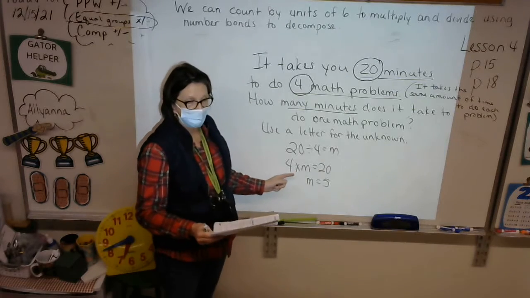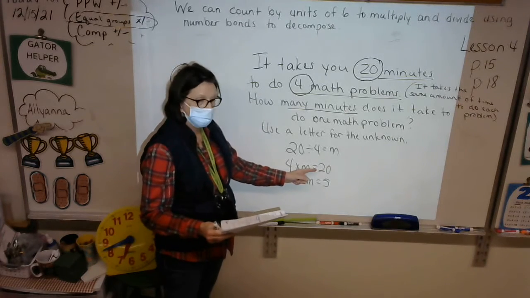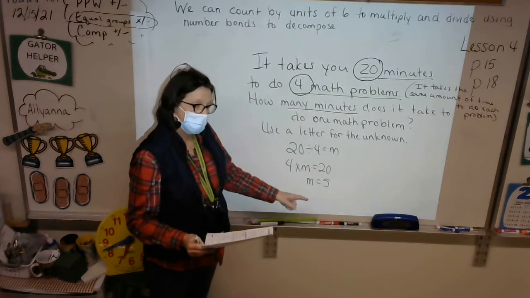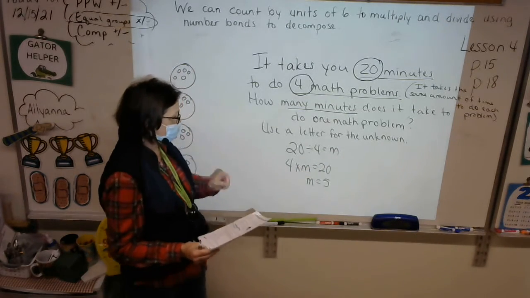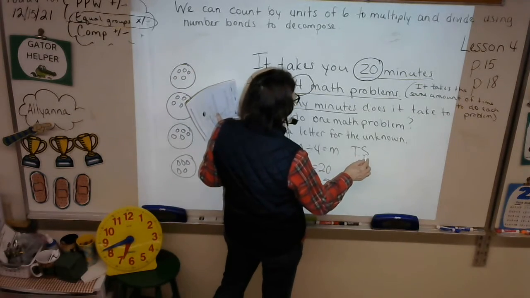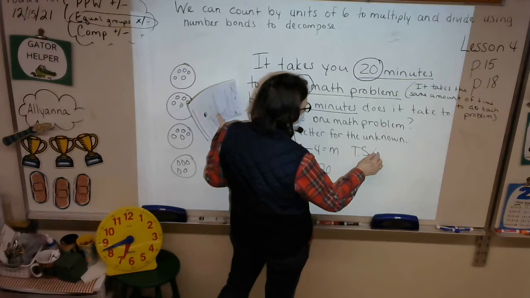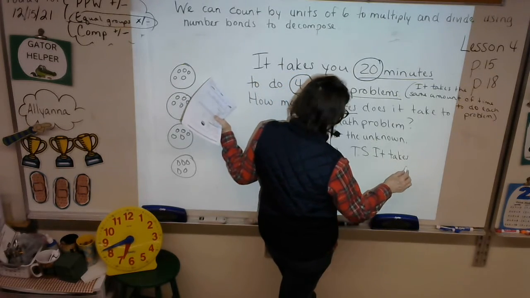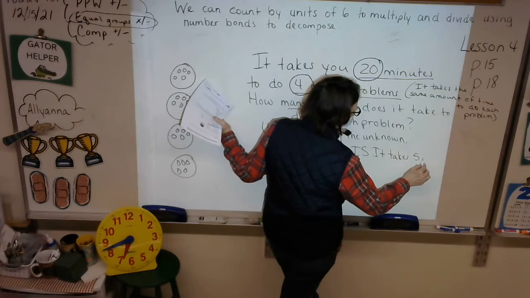Ellie, do you see what I'm saying? You kept circling M as your unknown, but then you put your M is 20. Your M is 5, your unknown. And then we need a total statement. How many minutes does it take to do 1 problem? It takes 5 minutes to do 1 problem.